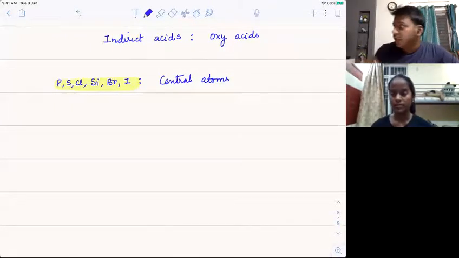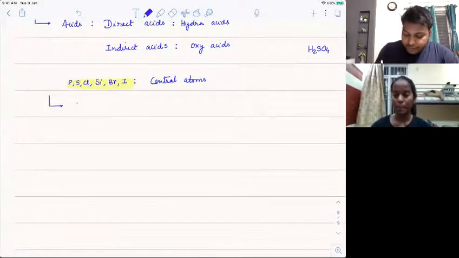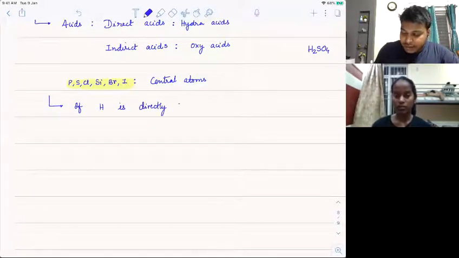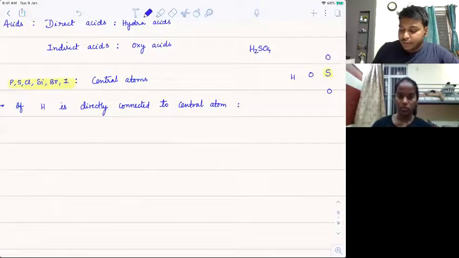Now, let me tell you what hydra acids are. If hydrogen is directly connected to the central atom, then we call them hydra acids.